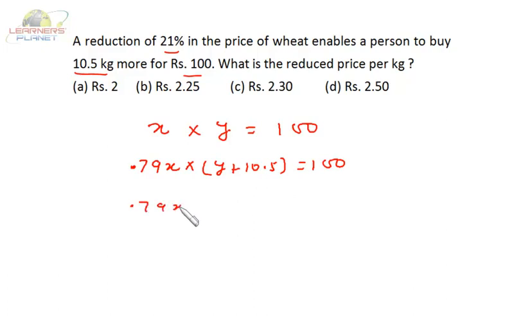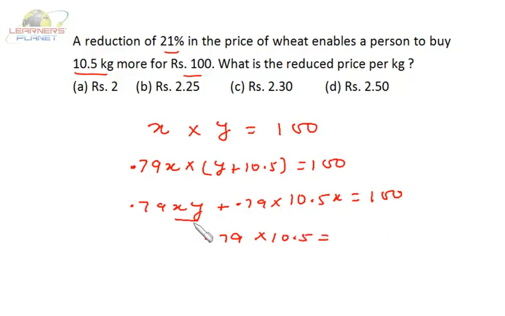That means 0.79xy plus 0.79 into 10.5x is equal to 100. Now xy is 100.